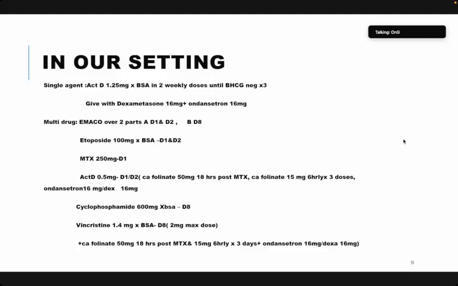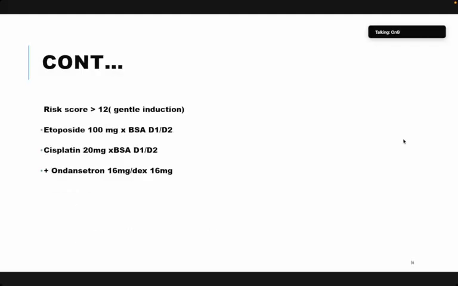You also pair it with ondansetron, leucovorin, and dexamethasone. And then for the ultra high risk group, they also follow the gentle induction, where you give the etoposide and cisplatin before you can progress to EMA-CO or EMA-EP.